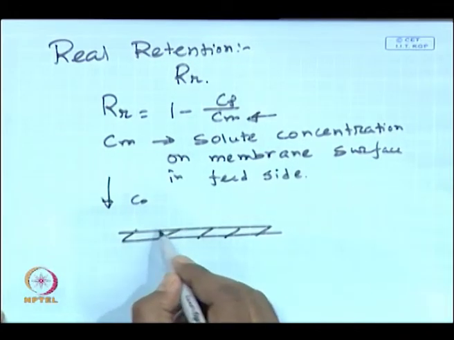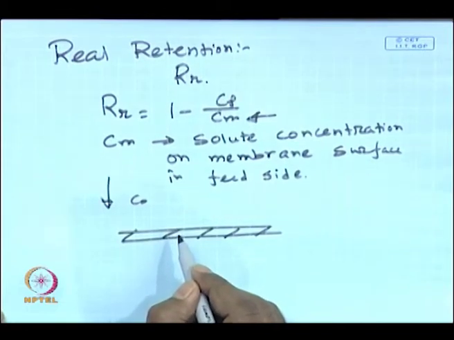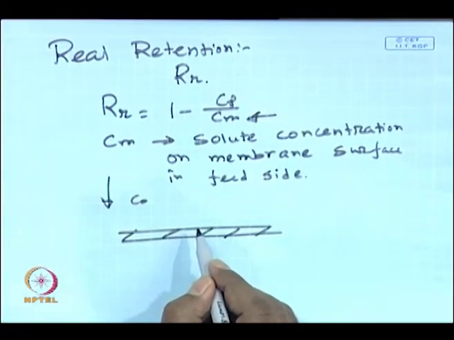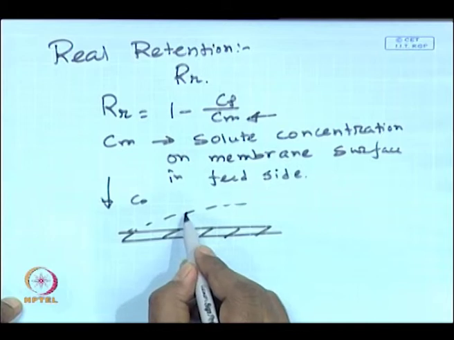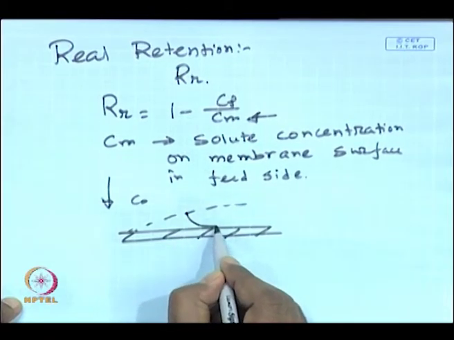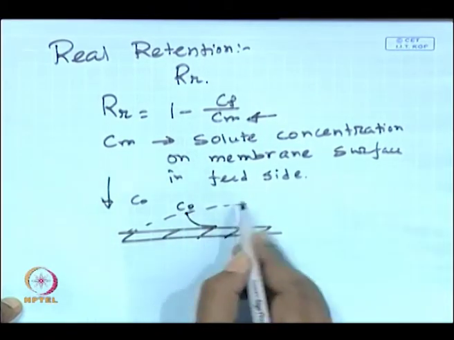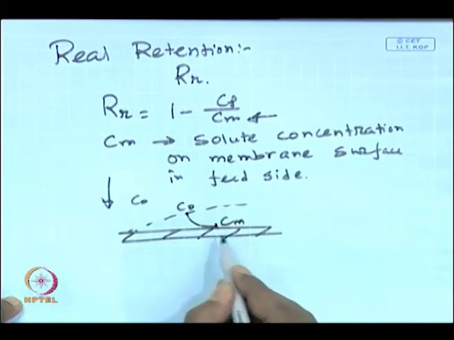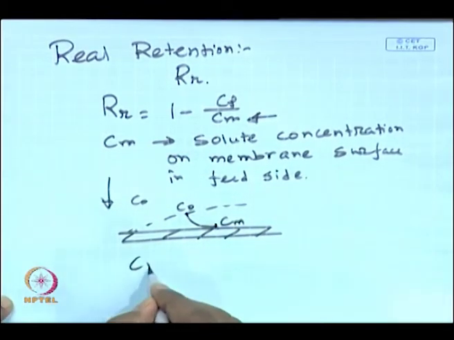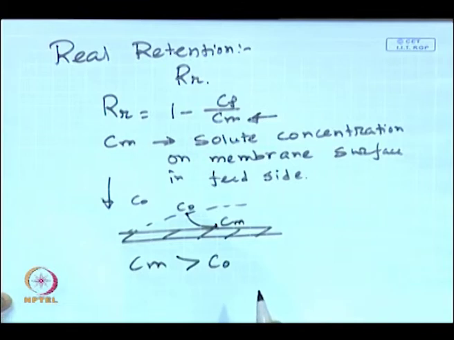So there will be a concentrated solution of the solute near the membrane, or, in more technical terms, there is a development of a concentration boundary layer or mass transfer boundary layer over the membrane surface. So there exists a concentration gradient from C naught up to Cm near the membrane surface, and Cm is always greater than C naught.